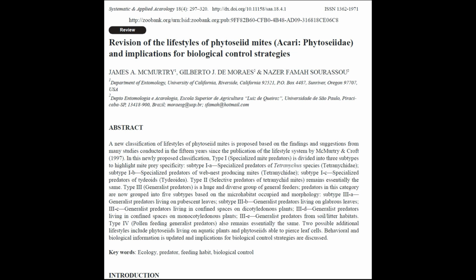So if you're growing crops that are hairy and you want to use a certain predatory mite, make sure that it is able to live well on those leaves. If they're not able to live on those leaves, then you will have an ineffective biocontrol, and it might be a waste of resources to use that particular species.